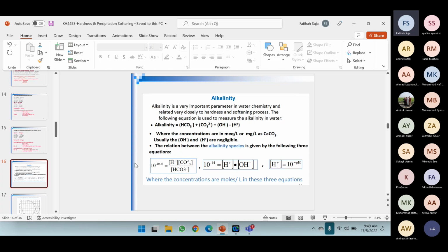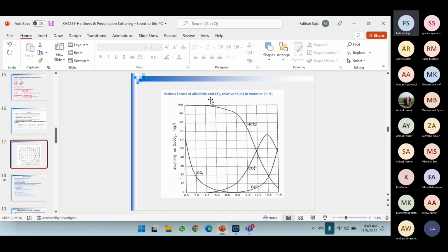I just want to show you that the alkalinity is within the range when the pH is greater than 7 up to 14. So these are various forms of alkalinity relative to CO2 and pH in water at 25 degrees Celsius.